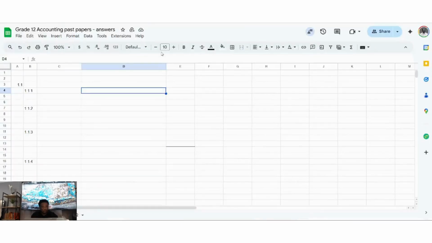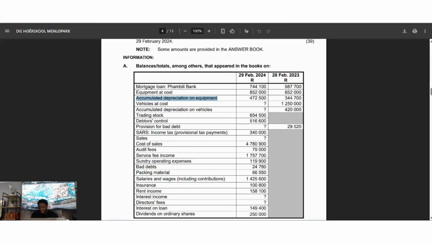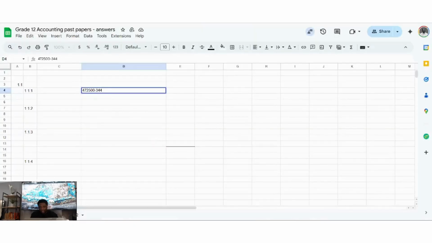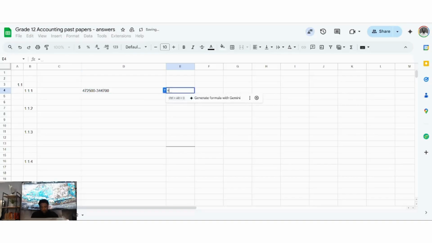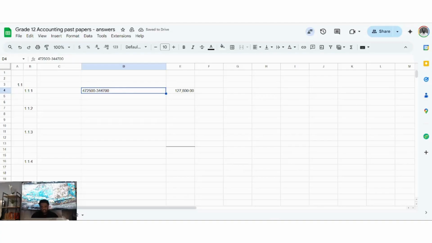So let's go and do that. 472,500 minus 344,700. Yes, 344,700. And then we get our answer, and our answer for that question is 127,800. All right, moving on.